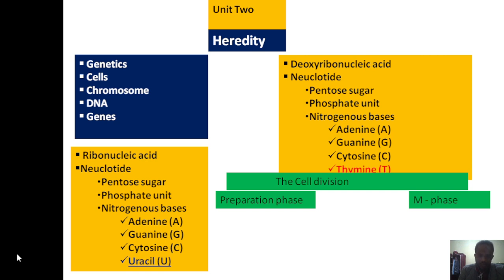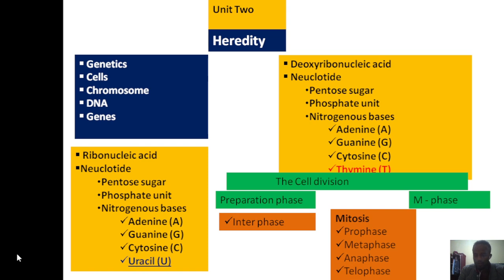The preparation phase is where the cell makes its own copy, DNA makes its own copy, the cell grows actively and prepares for cell division. The M phase contains either mitosis or meiosis. Mitosis is when the somatic cell, or body cell, divides, and meiosis is when the gametic cell divides.